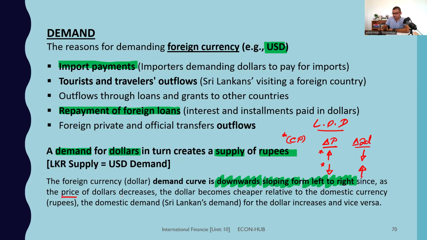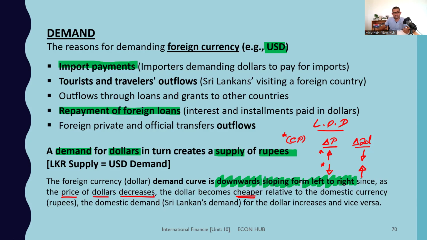Price of dollars is decreasing. How do we give the price of a dollar? In terms of Sri Lankan rupees. So the amount of rupees you have to pay to buy a dollar is decreasing. The value of the dollar is decreasing. When the price of a dollar decreases, dollars become cheap.